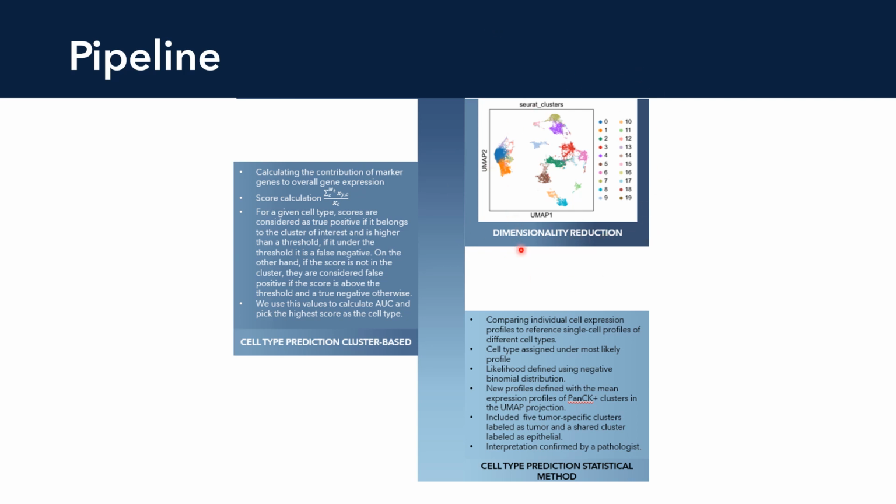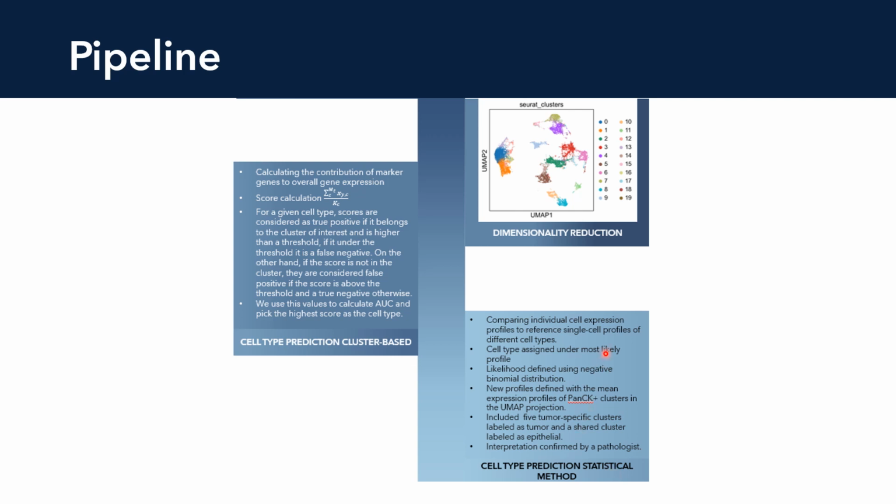And after this, we ask: what can we use as a ground truth? Well, as we talked about before, there's no actual ground truth. So what we designed is the combination of two algorithms. First, the cluster-based prediction, which assigns one cell type to each of the clusters. Then we obtain the cell type prediction done by a statistical method, which assigns a cell type to each of the cells according to their profile, comparing to a reference to see which cell type is more likely.